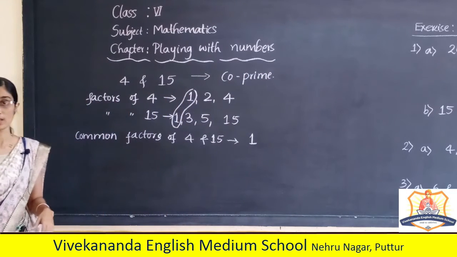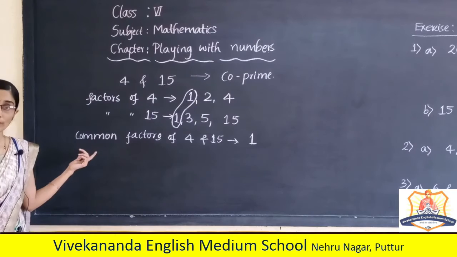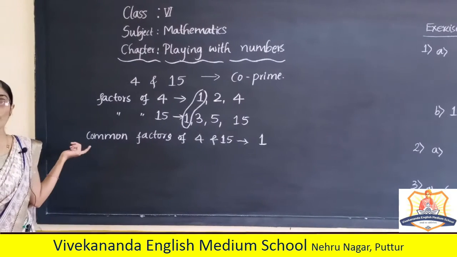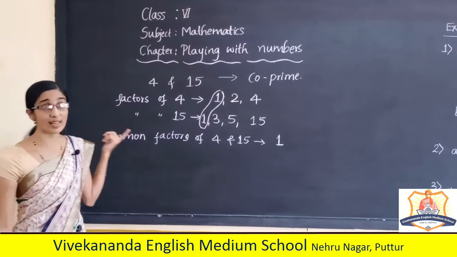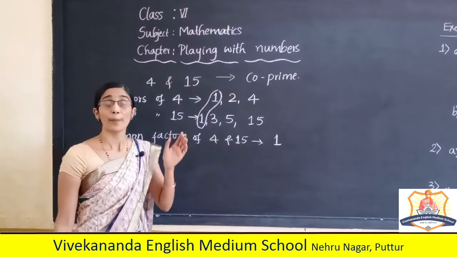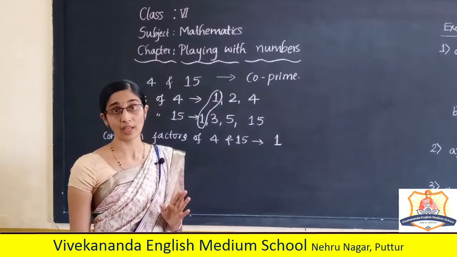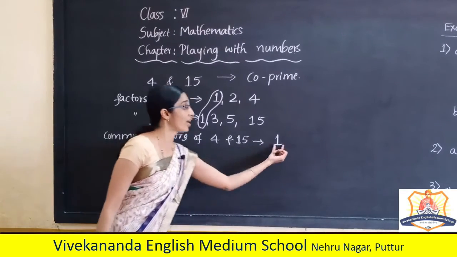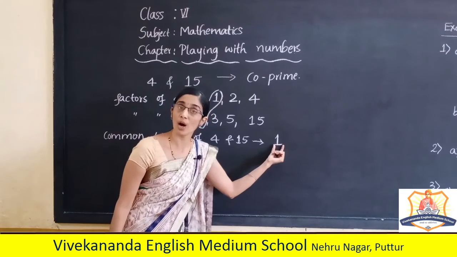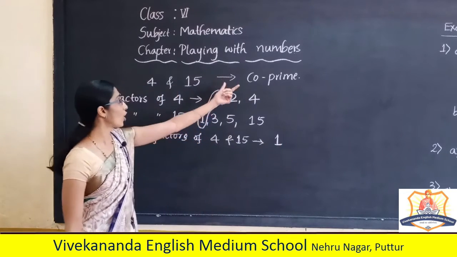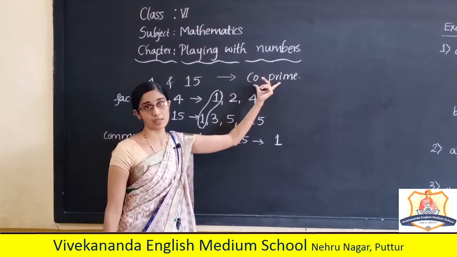Co-prime numbers. Understood? So, can you define what is co-prime? Co-prime numbers are nothing but the pair of numbers having only 1 as their common factor are called co-primes.